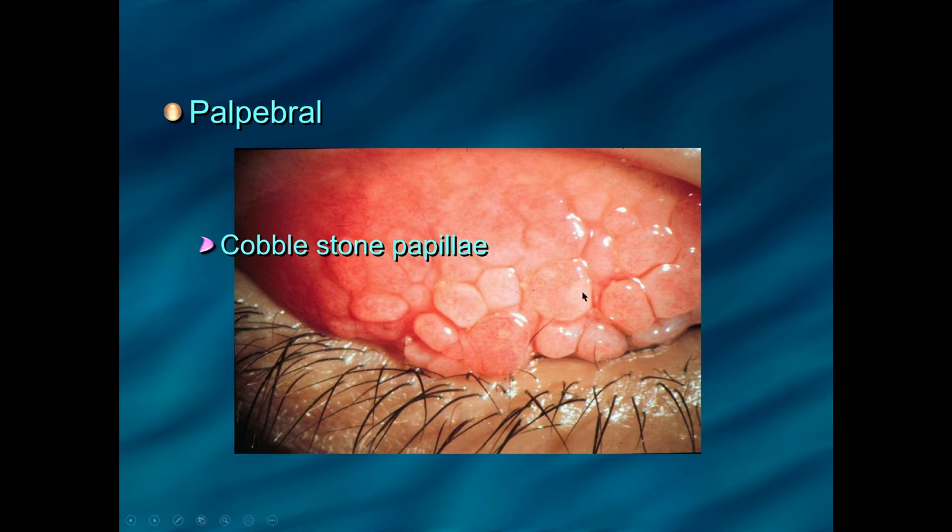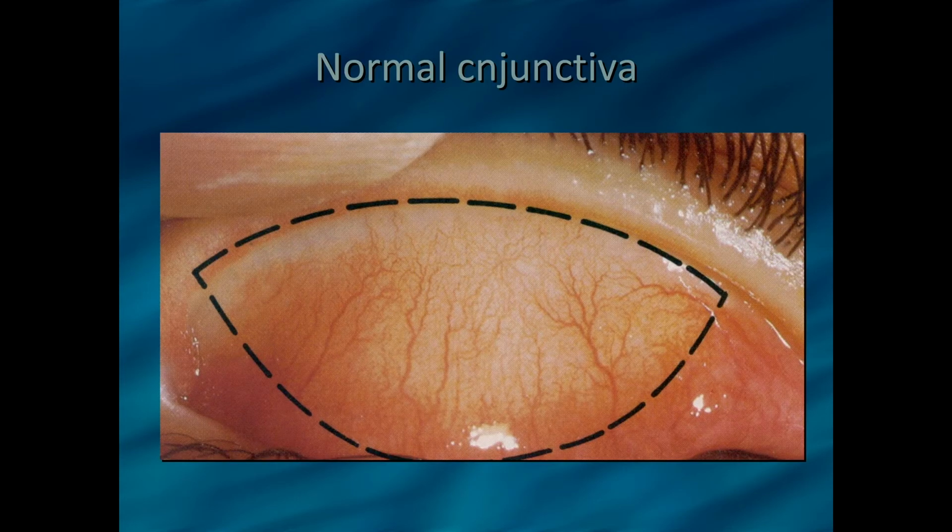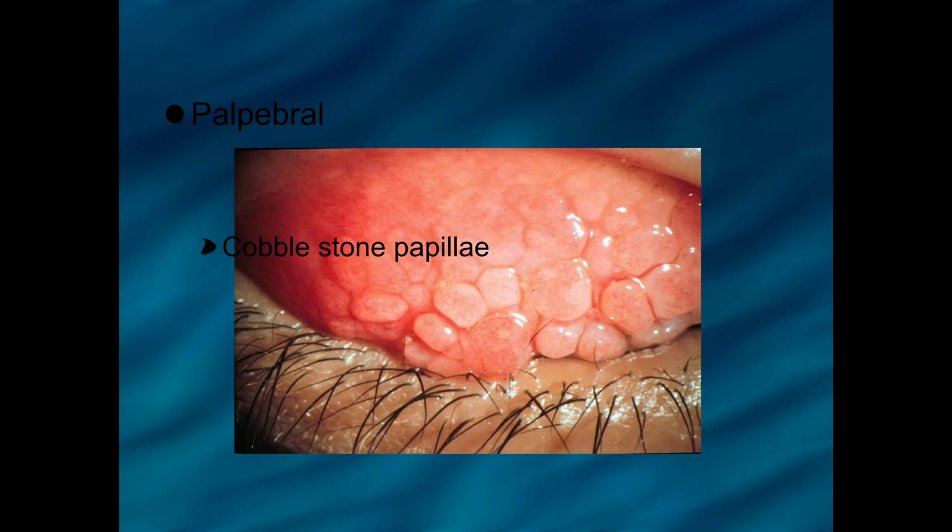These are nothing but giant papillae that coalesce together, and form a very aggressive itchy area in the palpebral area. You can imagine if this is the smooth surface that we are used to, in such a condition this is a very rough surface that whenever you blink, you'll find this rough surface disturbs your eye.